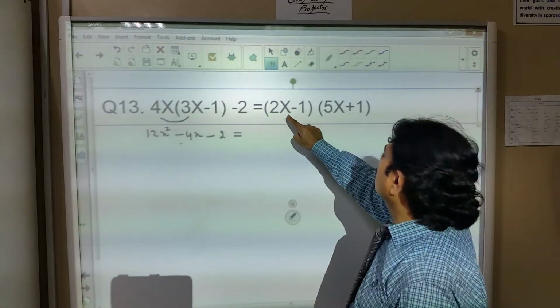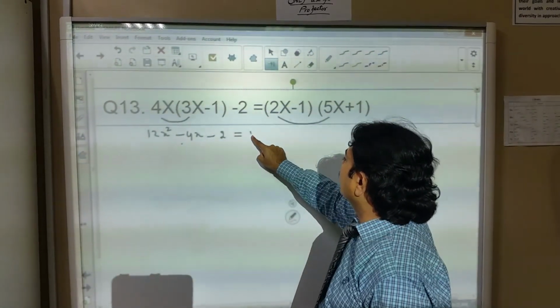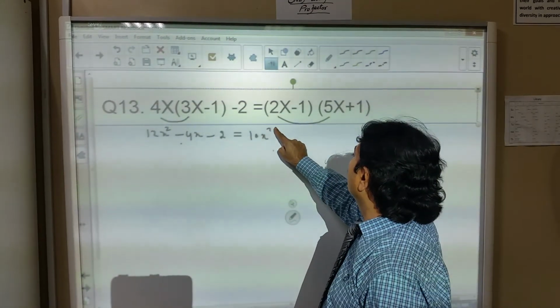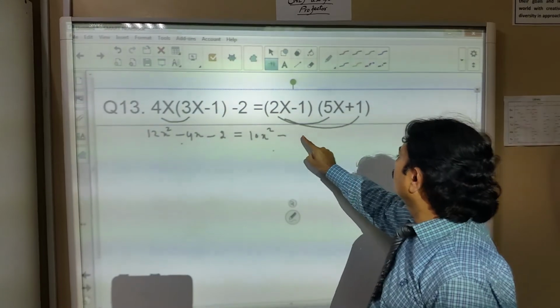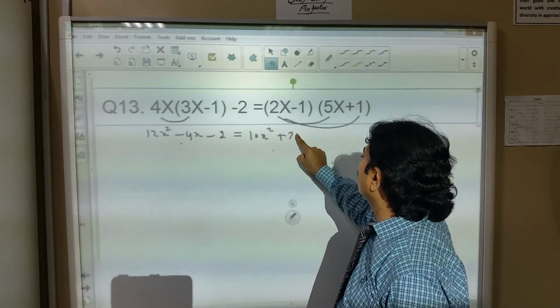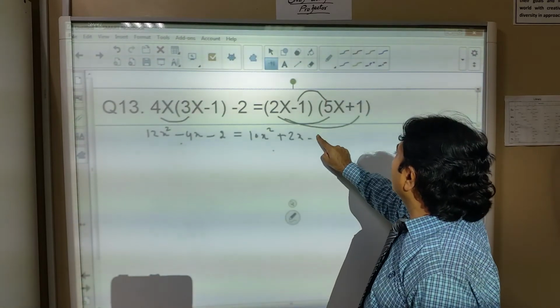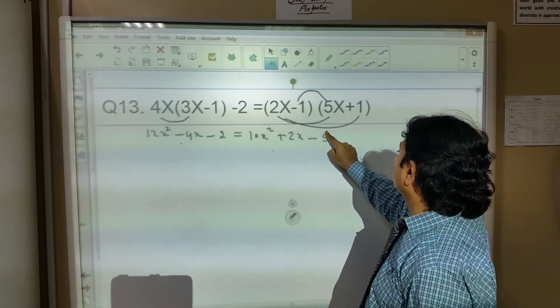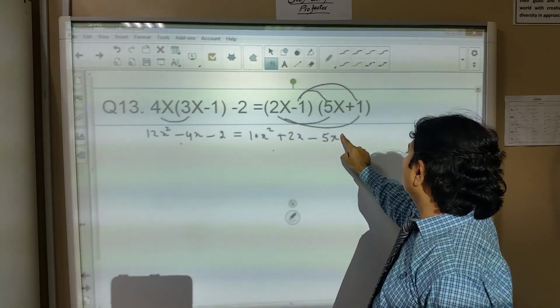Now multiply this factor with 5. So 2 5s are 10x square. Then 2x with this 1, so plus 2x. Then multiply this, minus 5 1s are 5x. Then minus 1 with plus 1, minus 1.